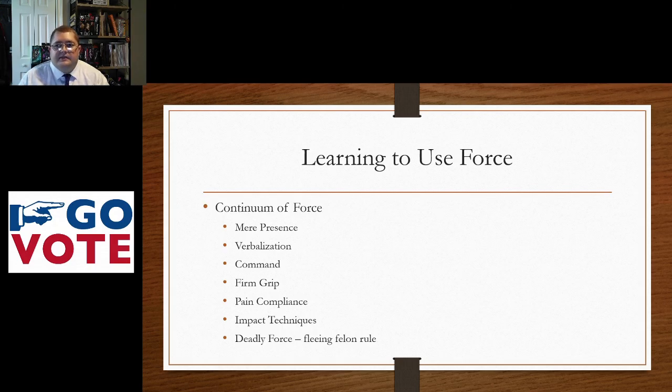So it's not the best tool for police officers to rely on. Last is deadly force, which is basically dictated by what's known as the fleeing felon rule.